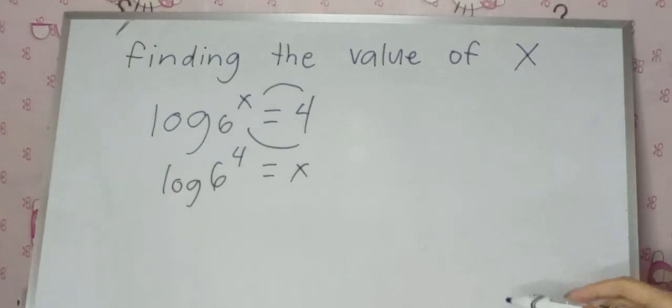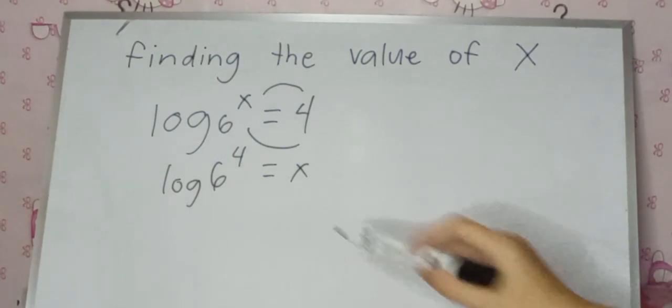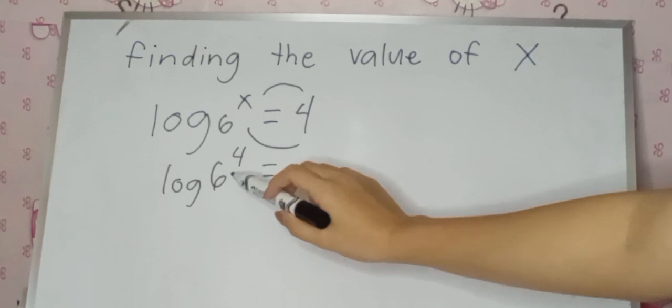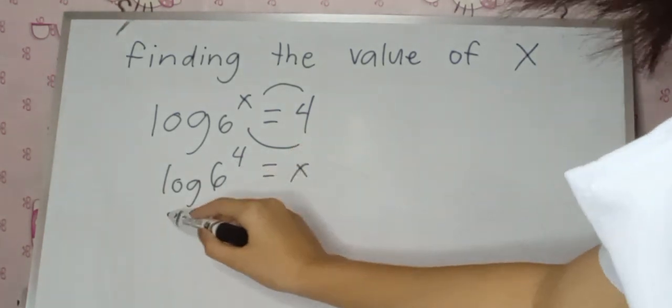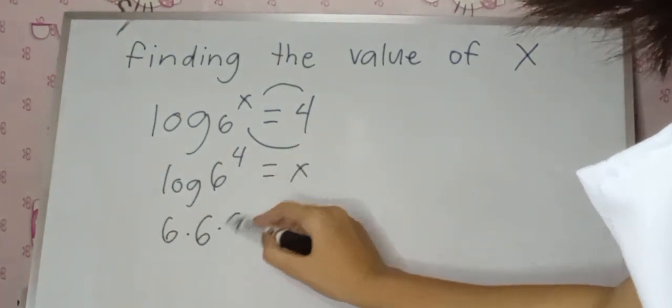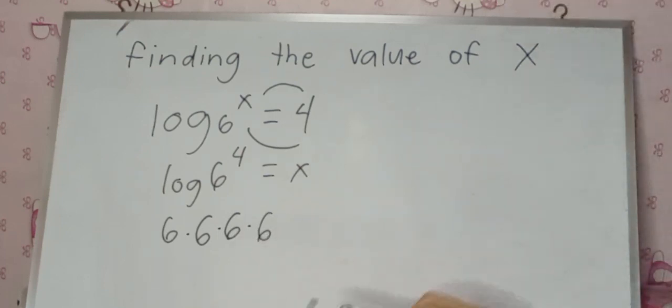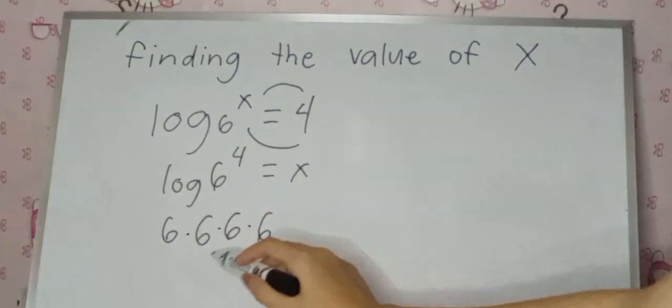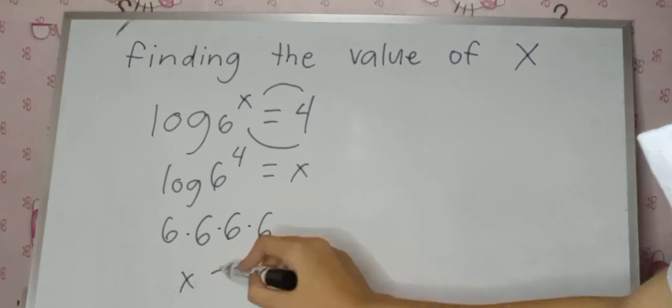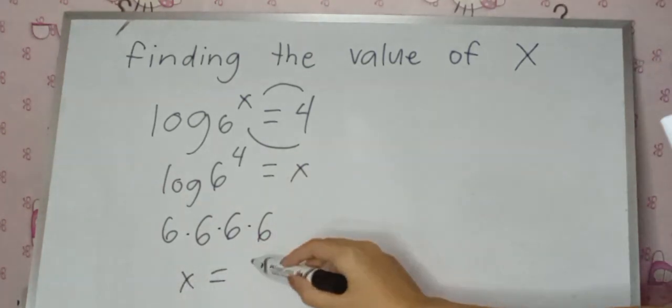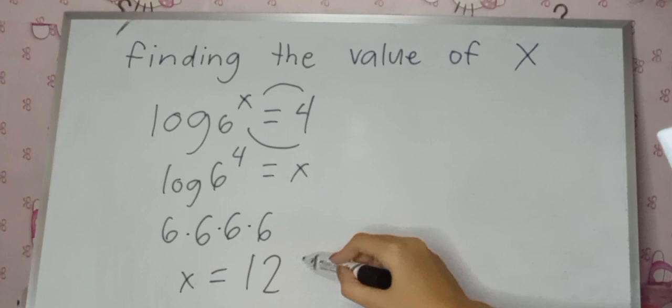And to solve that, kailangan nyo lang i-compute ito. 6 raised to 4. So, magiging 6 times 6 times 6 times 6. So, what is the answer? x is 1,296.